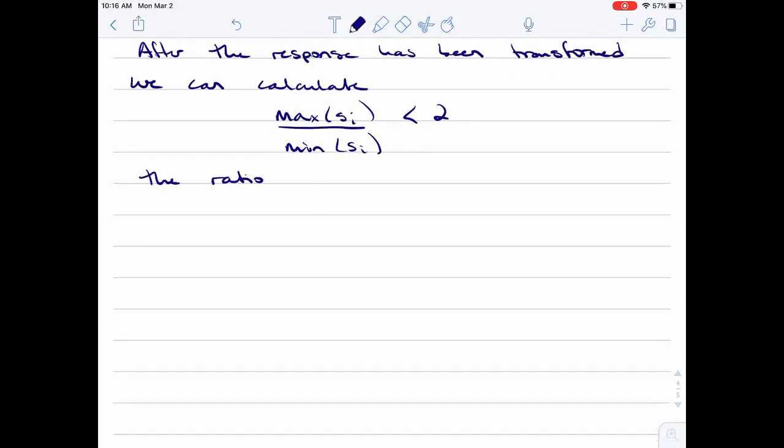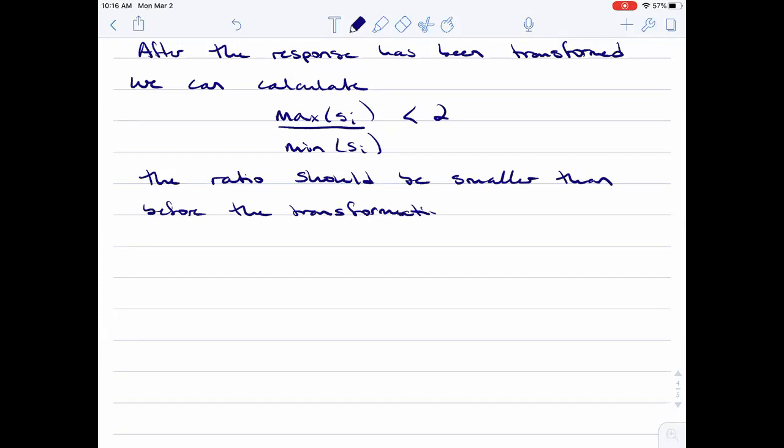The ratio should be smaller than before the transformation. Otherwise, we did something wrong. Otherwise, we increased the difference in the variability.